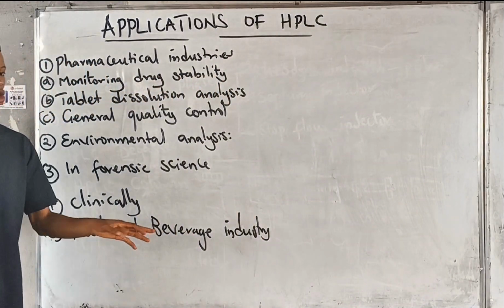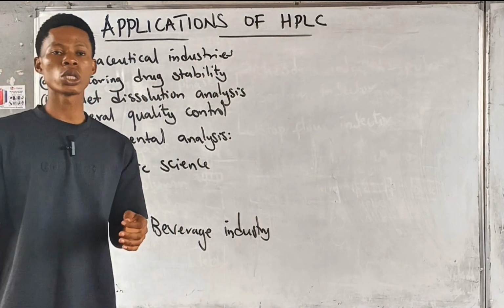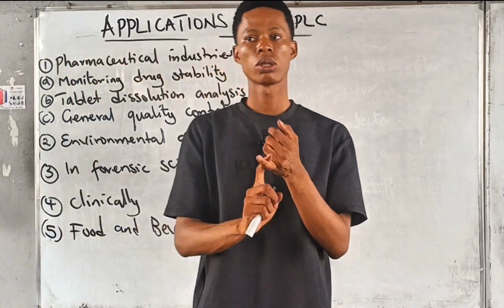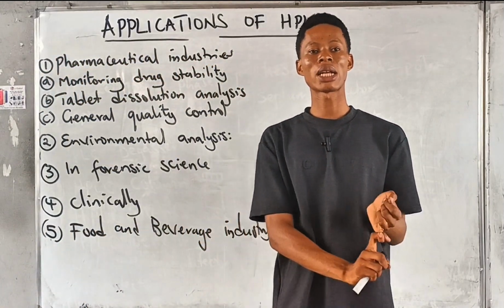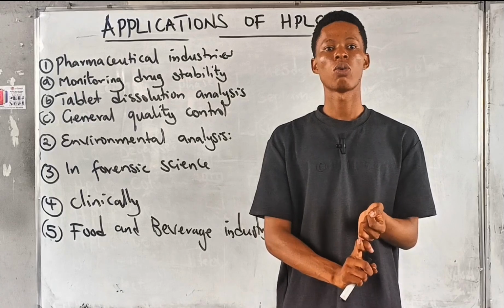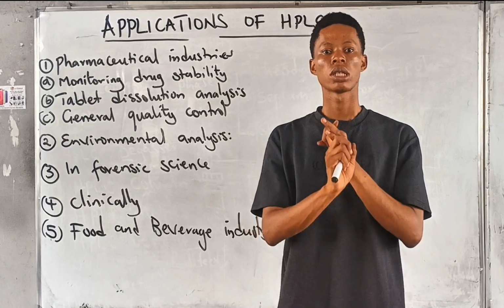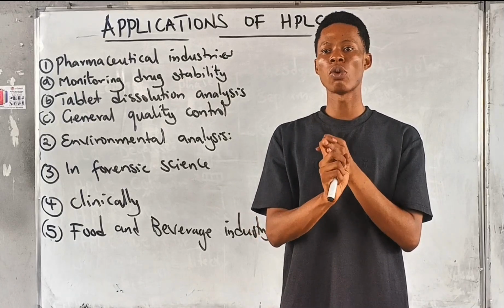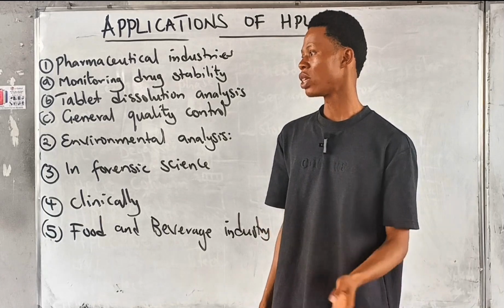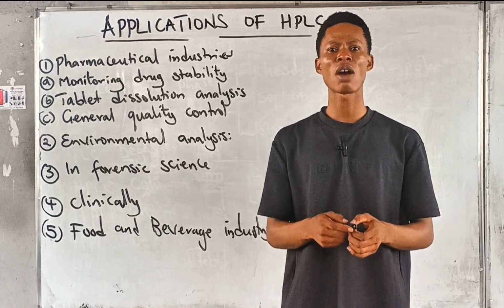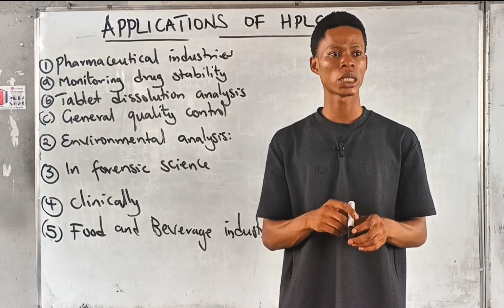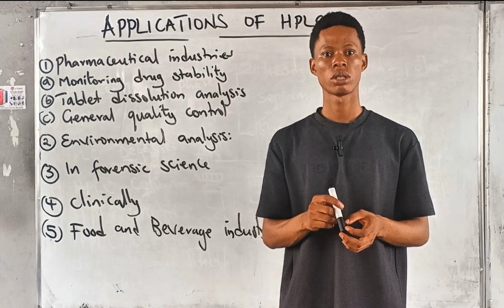Now, in food and beverage industry, you can use it to analyze what? Polycyclic compounds in vegetables. What else? Analysis of what? Preservatives and sugars. There are some preservatives that after they've analyzed them and checked their effect, they no longer use them.